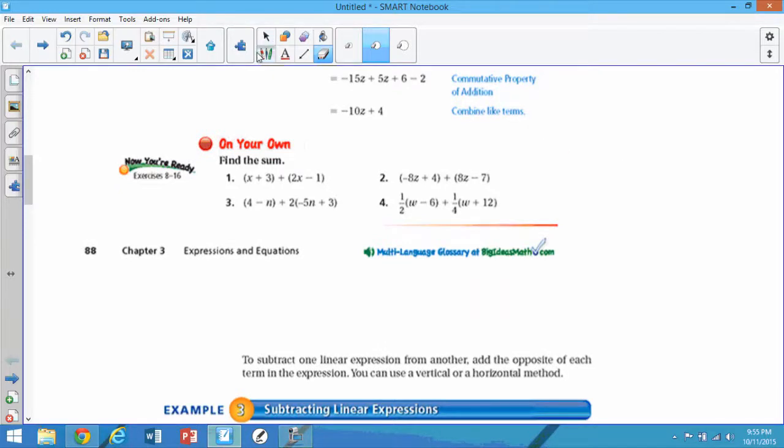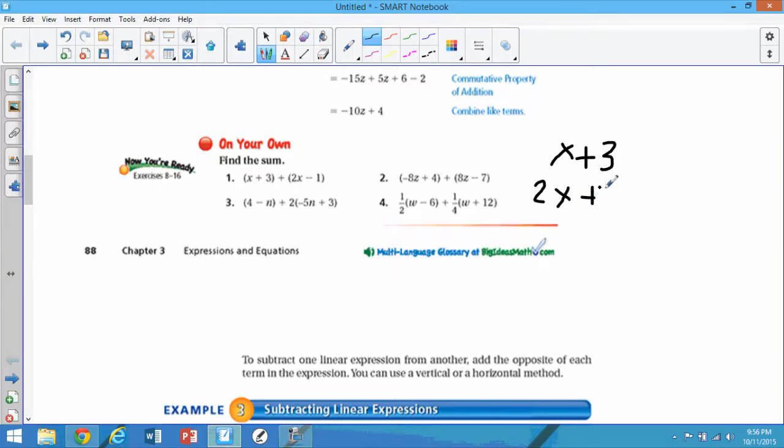Okay, number 1. Number 1 is x plus 2 plus 2x minus 1. So I'm going to do the vertical method. x plus 3 is on top, and then I have 2x minus 1. So that's 2x, and I'm going to turn that minus into plus a negative 1. Do the additive inverse.